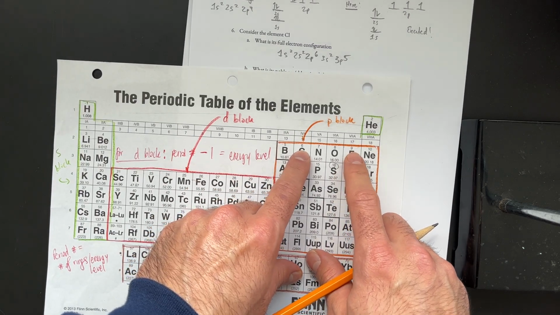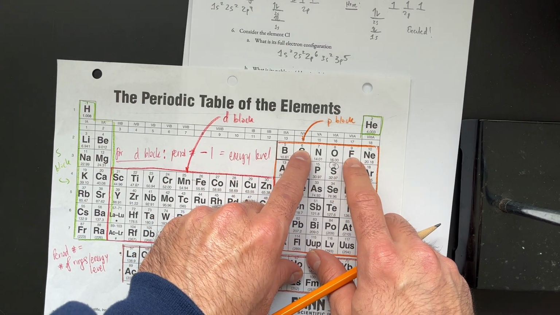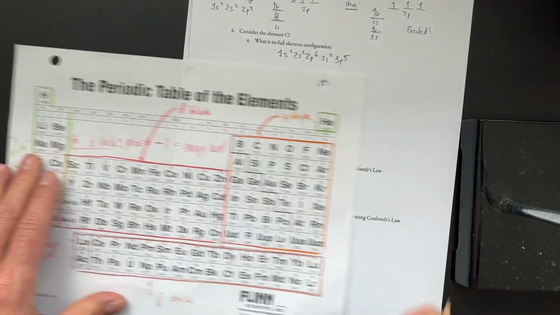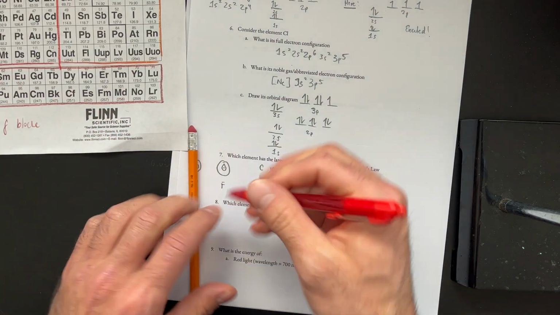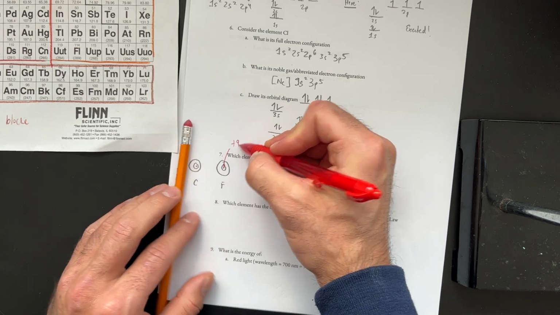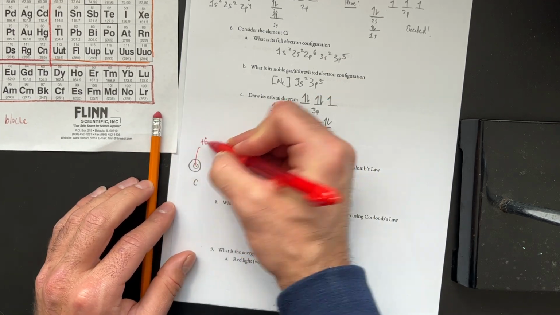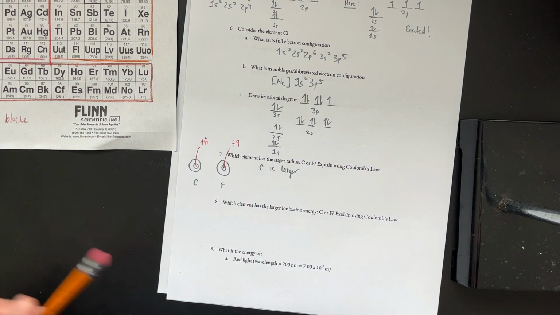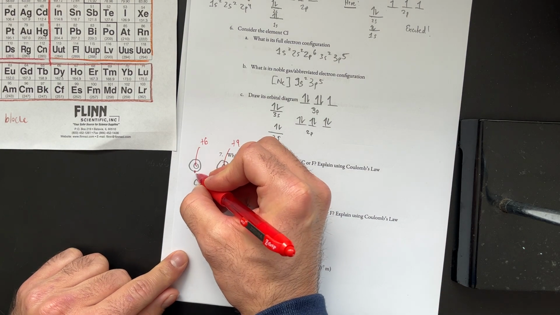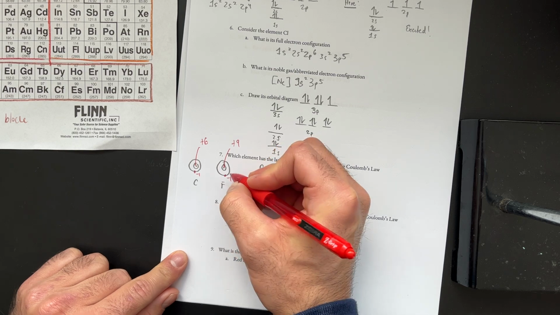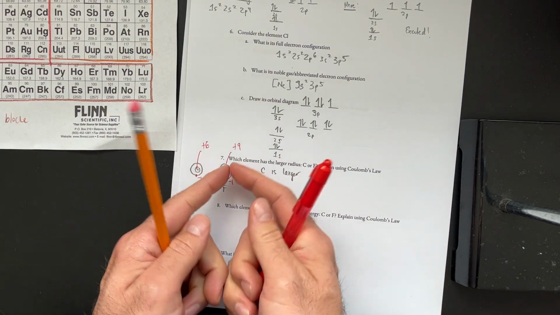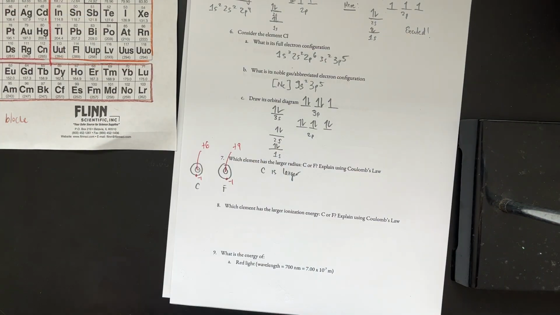C only has 6 protons. F has 9 protons, and so F basically has a positive 9 charge in the center, whereas C only has a positive 6 charge. And remember, the electrons each have a -1. So basically we're attracting a -1 with a positive 9 versus a positive 6. The positive 9 is going to be able to attract much more and therefore close in its rings.